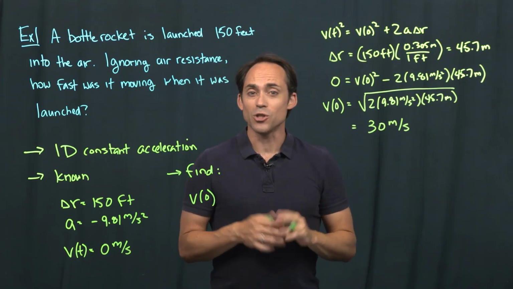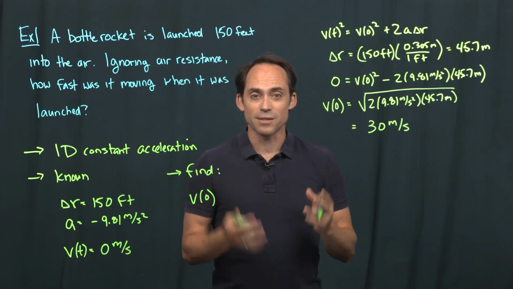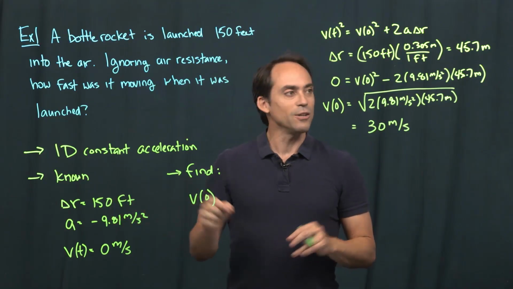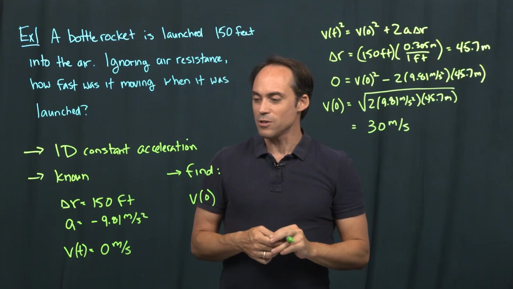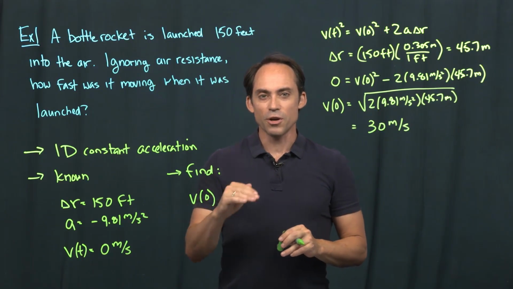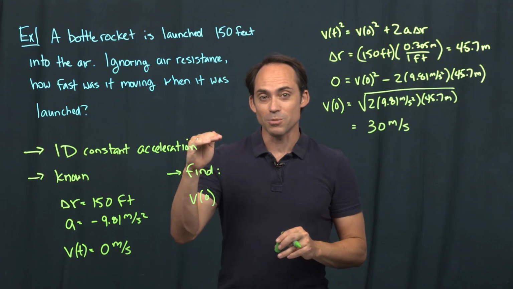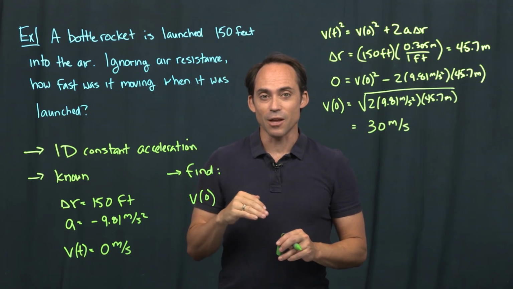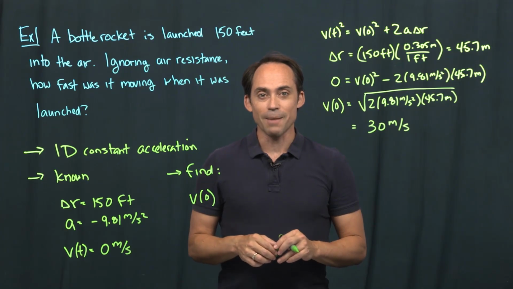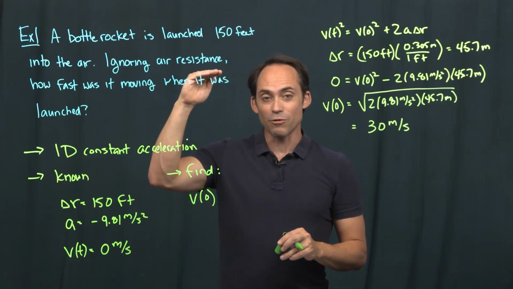Now, this is a good time to check to make sure this answer makes sense. If we look at the total height here, 45.7 meters, and we started off at 30 meters per second, to go from 30 meters per second to 0 meters per second, and you're accelerating at minus roughly 10 meters per second squared, that means you're only going to be in the air going upward for about 3 seconds.